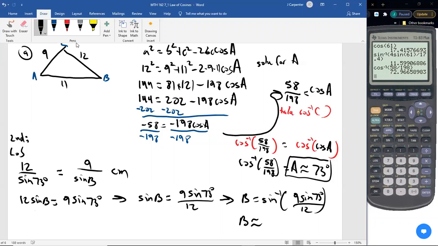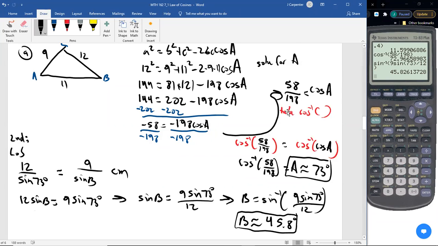Rounding to the nearest tenth, second sine, 9 sine 73, close it, divided by 12, close it. And we get 45.8 blah, blah, blah, rounding to the nearest tenth, so just 45.8. That's an angle, so degrees.